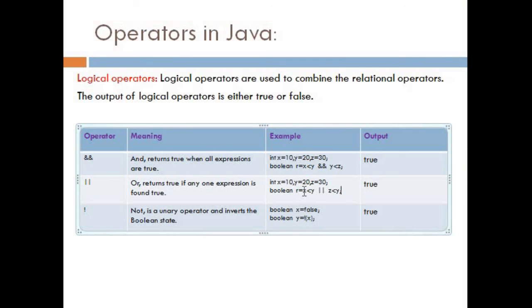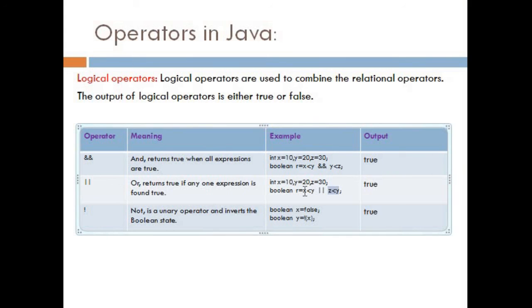In the first relational expression x less than y, where x is 10 and y is 20, yes, 10 is less than 20, so we get the value true. Now the second relational expression, which is z less than y. Z is 30 and y is 20, and is 30 less than 20? No, 30 is not less than 20, so this expression shall return false.